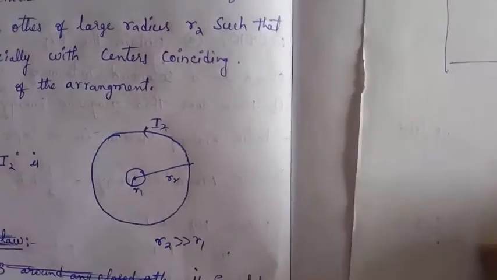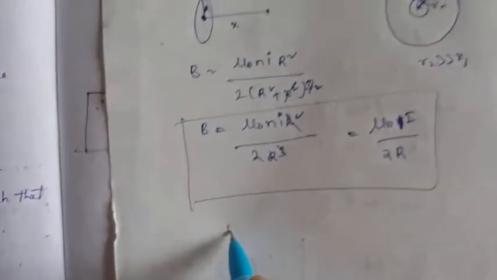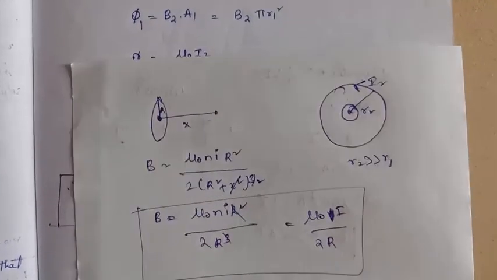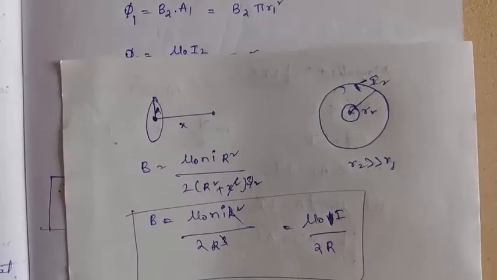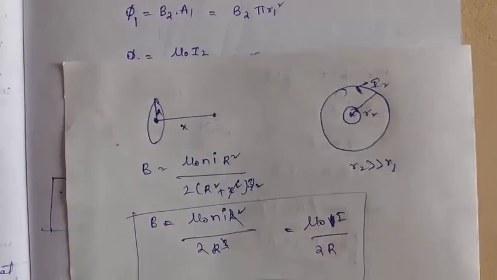Then the magnetic flux for the inner coil due to the outer coil is phi1 equal to B2 A1. That is, you have to link that magnetic field with the inner coil.